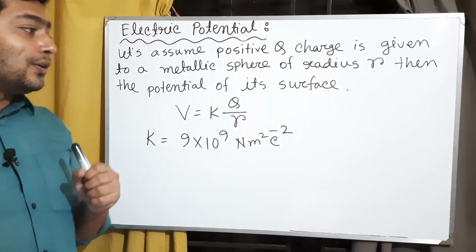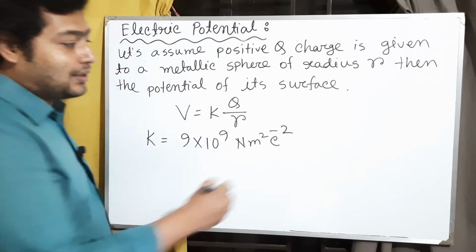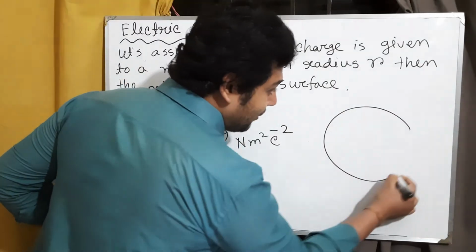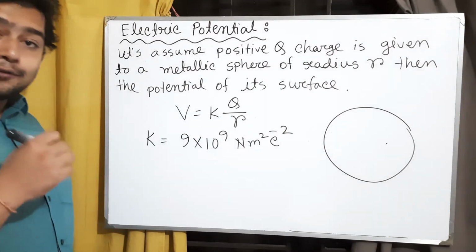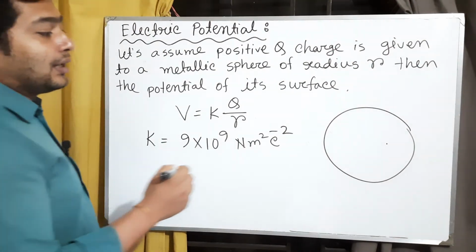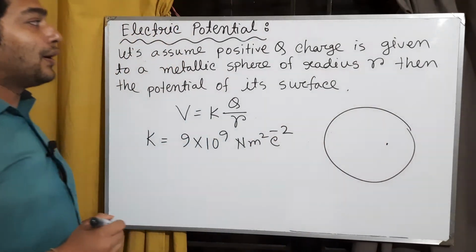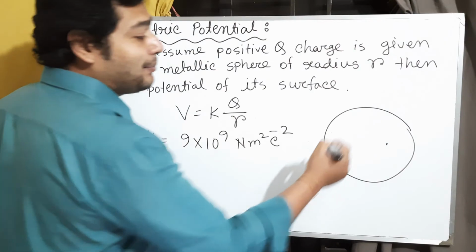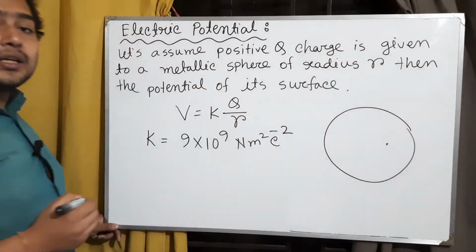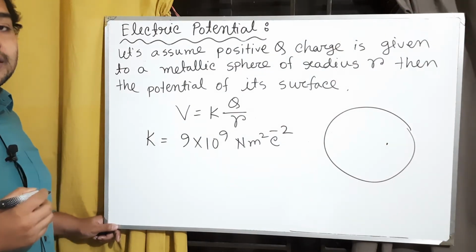So, if we consider a point inside the sphere, the electric potential will be the same as the potential of the surface of that sphere.